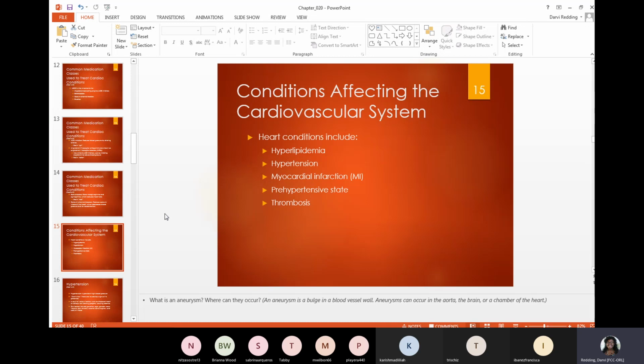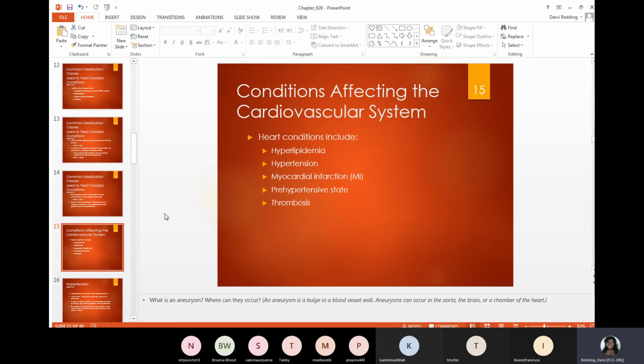You have heart conditions like hypertension. Hypertension is the medical term for high blood pressure. It's important to understand the abbreviation for hypertension is HTN. You also have the medical term myocardial infarction, MI. That is the medical term for a heart attack. So myocardial infarction is the medical term for heart attack.